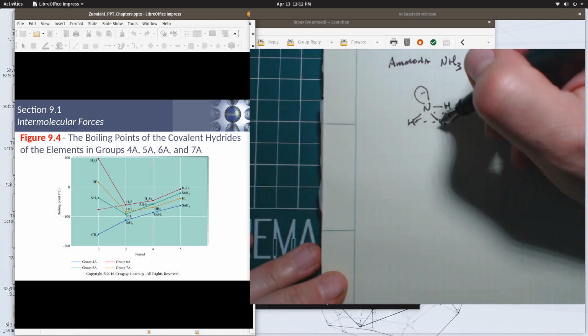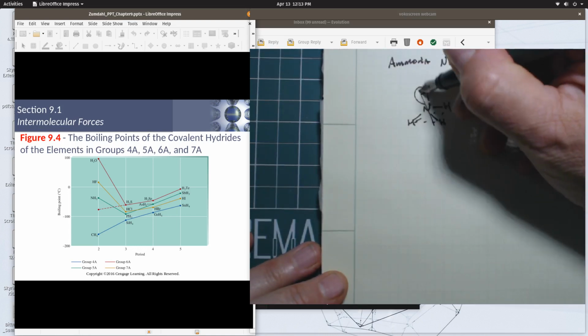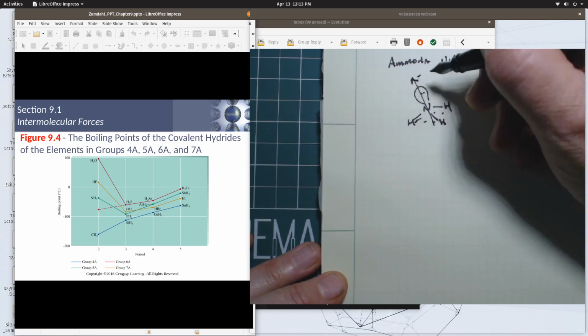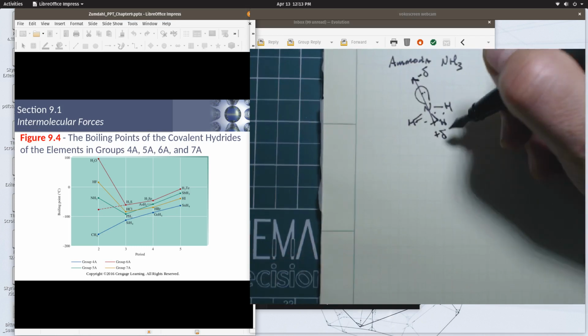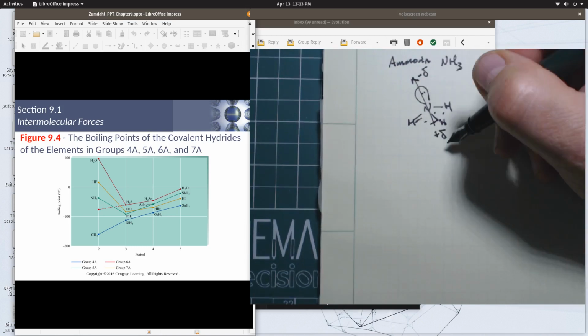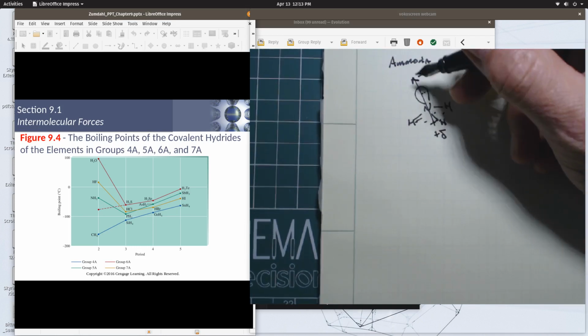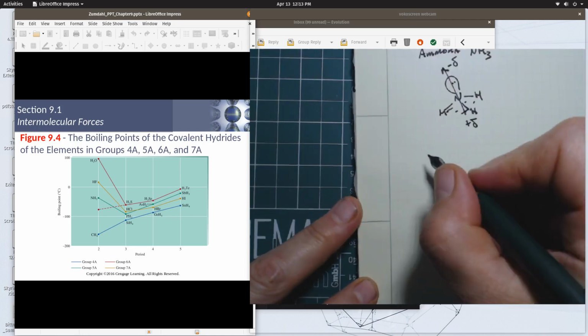And so you have a very strong positive, negative dipole interaction on ammonia, rather, and methane.